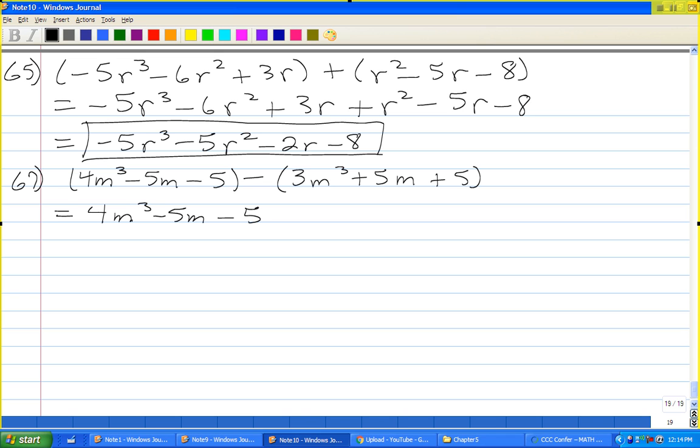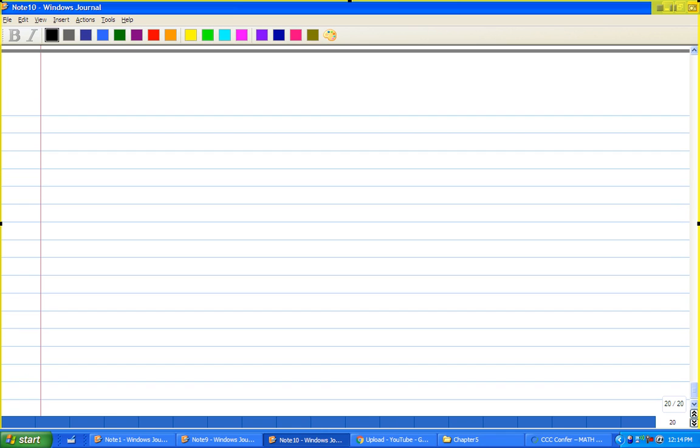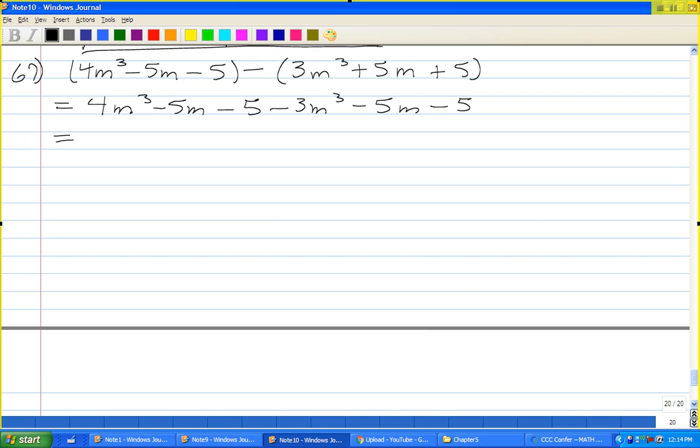Change all the signs inside the parentheses: minus 3m cubed minus 5m minus 5. 4m cubed minus 3m cubed is m cubed, minus 5m minus 5m is minus 10m, minus 5 minus 5 is minus 10. And that is your answer.